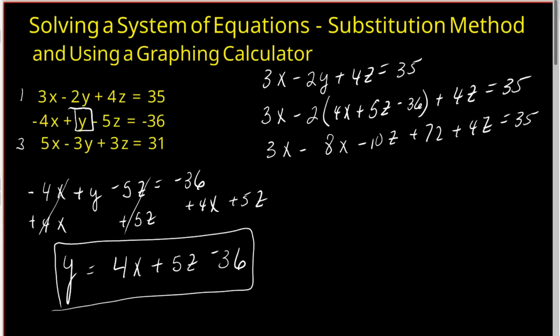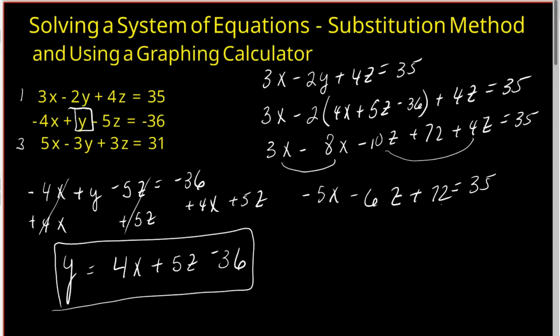Okay, let's combine some like terms. So I'm going to combine these two. That gives me negative 5x. Combine my z's here. That would give me minus 6z plus 72 equals 35. Okay, I don't like all these negative numbers here.